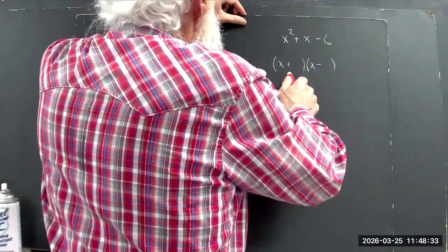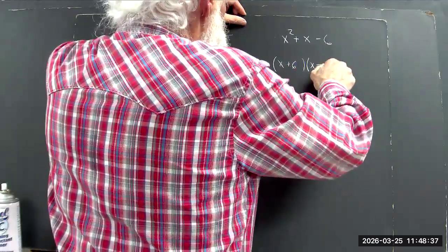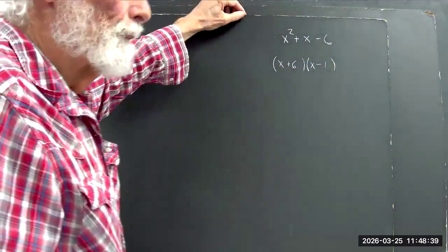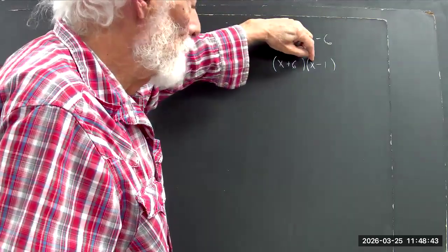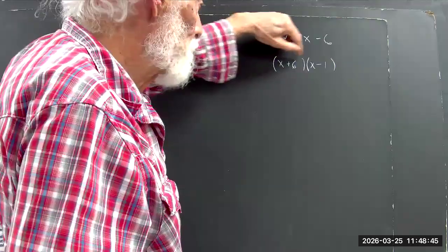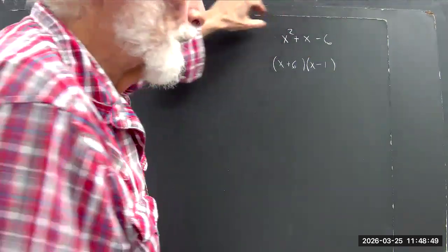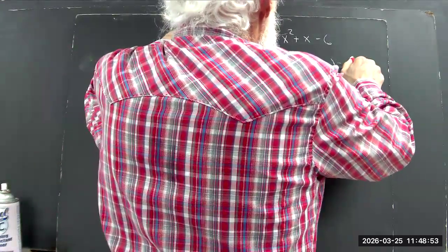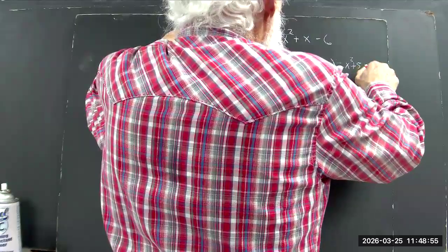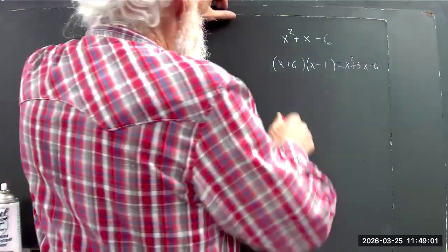Okay, so it could be x plus 6 times x minus 1. But that would give us 6 times x and x times negative 1, which isn't going to give us just a plus x. That would give us 5x. And that would be x squared plus 5x minus 6. So it doesn't match.